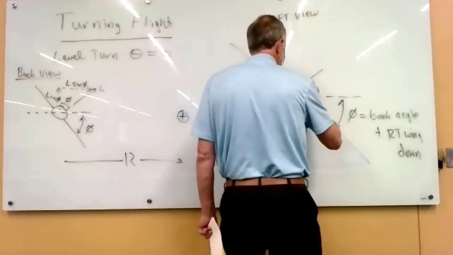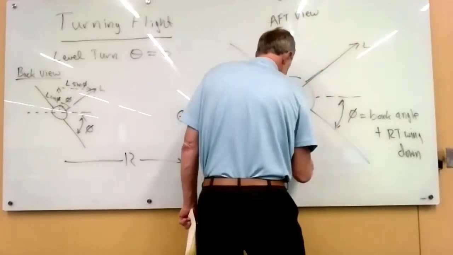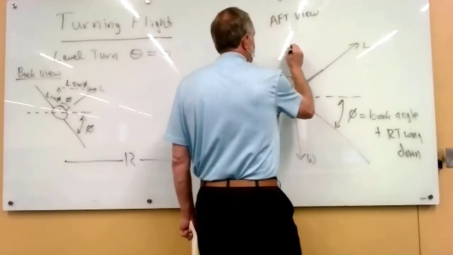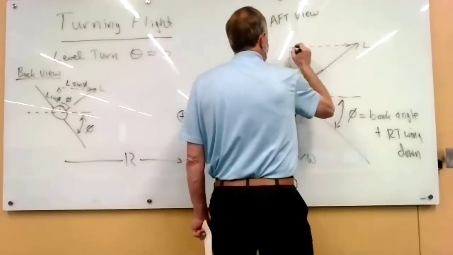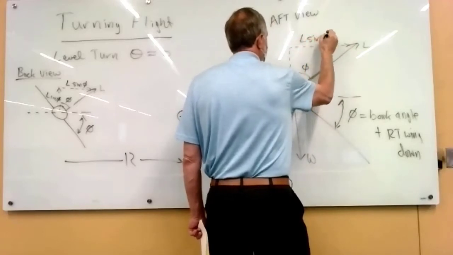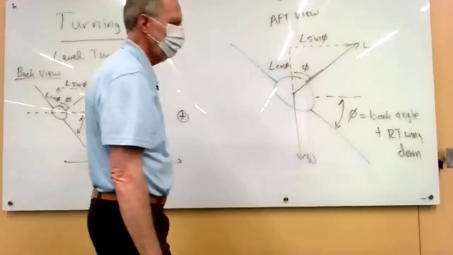And so lift, this is the free body diagram, so there's our lift. We draw the weight downward. Here's those two components. L sine phi, L cosine phi.